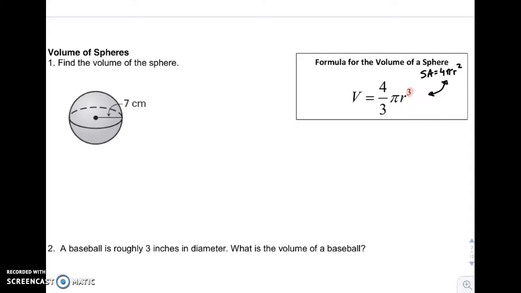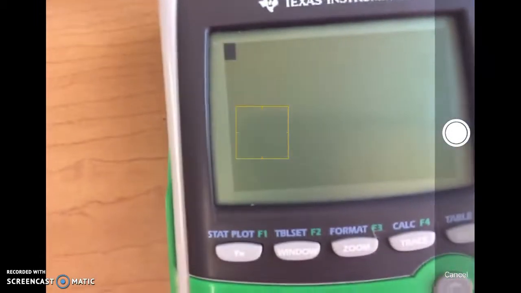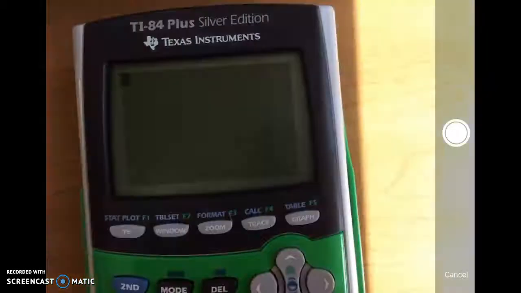So when we are finding the volume of this, volume equals 4/3 pi times 7 cubed. And we'll take a look at the calculator here and make sure we understand how to do cubes. You've probably used the square button, but cubes doesn't have a button, so we need to use a special button on our calculator. So let's take a look at what that will look like. 4/3, again, you'll still want to do that as a fraction.